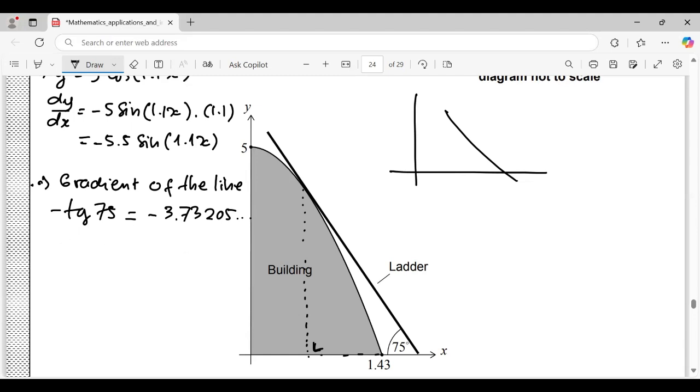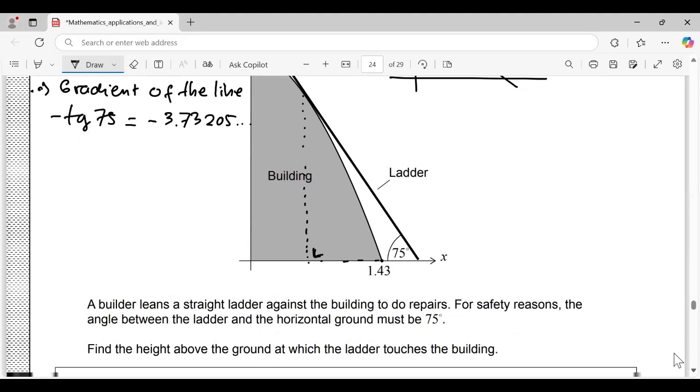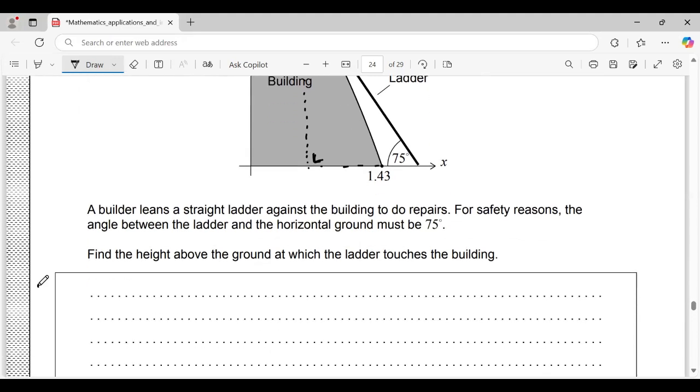And the third step, we are going to find x. To find x, we have to create the equation dy/dx equals minus tangent 75, or minus 5.5 sine 1.1x equals minus 3.73205.